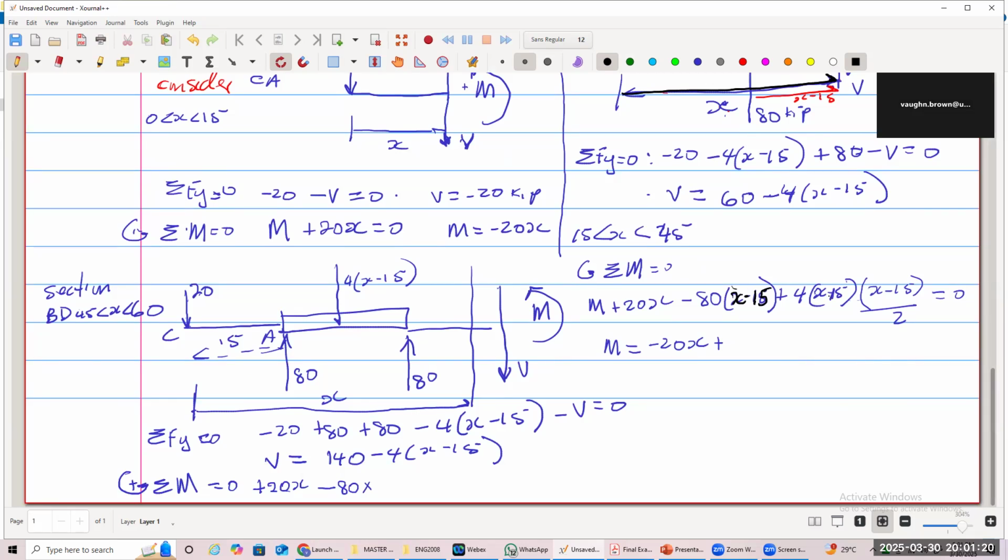I'm going to take everything over the bracket and not simplify it. So this is minus 80 times x minus 15. And this can be simplified: this is going to be 2 into this. You can just say that it is minus 2 times x minus 15 squared, and leave it like that. I'm not going to simplify it.